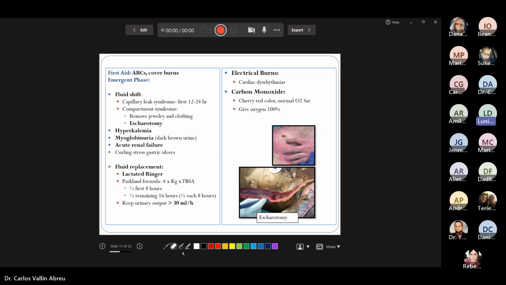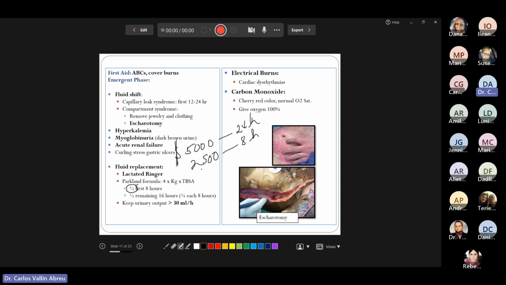So if they give you 5,000 milliliters to pass in 24 hours, and they say half, let's say it's $5,000 and we need to divide that between you and me in equal parts. How much money do I need to give you? 2,500. Exactly. But this half, 2,500, is to be passed in the first 8 hours.